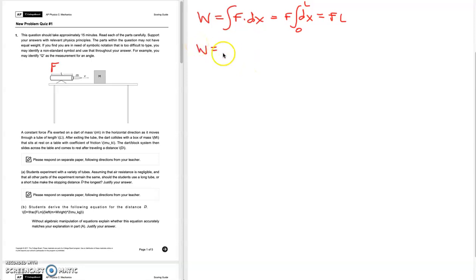Work is also going to change the kinetic energy of the bullet, so that we have 1/2 m vf squared minus 1/2 m v naught squared. And in this case, we want the bullet to be starting from rest, so that part's 0. And this vf is the launch velocity V. So we'll just rewrite that with the terminology that they gave us, V squared.